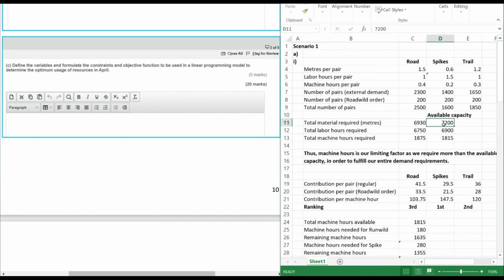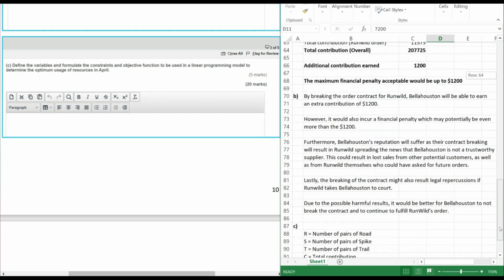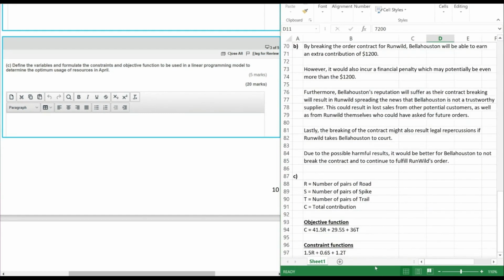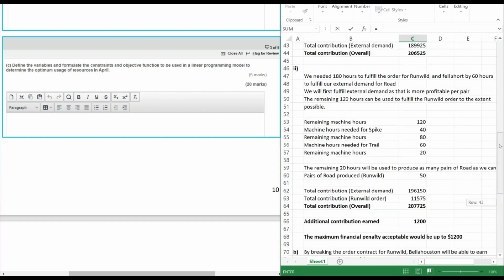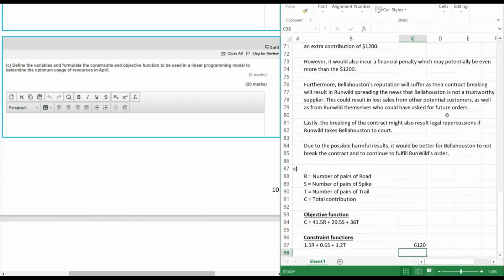We have 7,200 available in March, but it'll be 15% less in April. So we'll take the 7,200. We'll just show this calculation here. 7,200 times 1 minus 15%, or 85%.